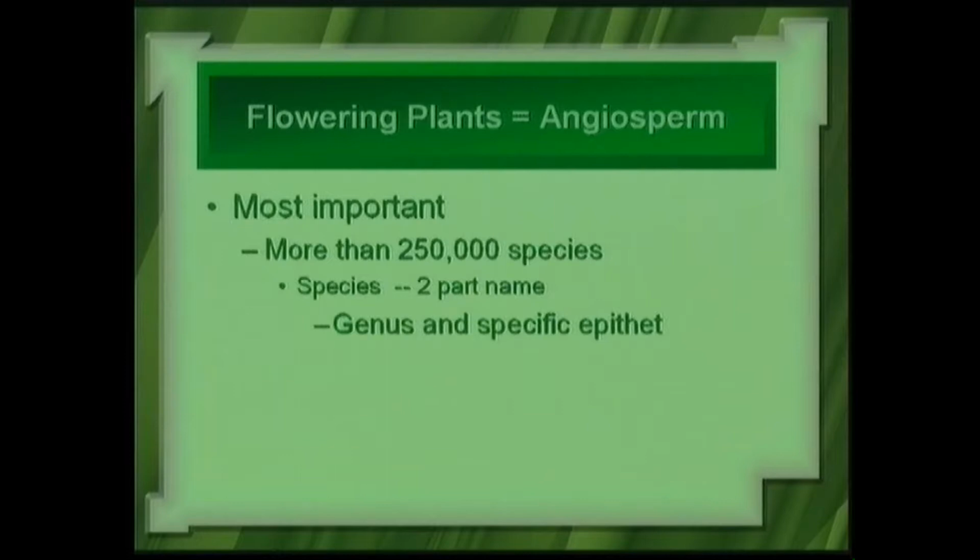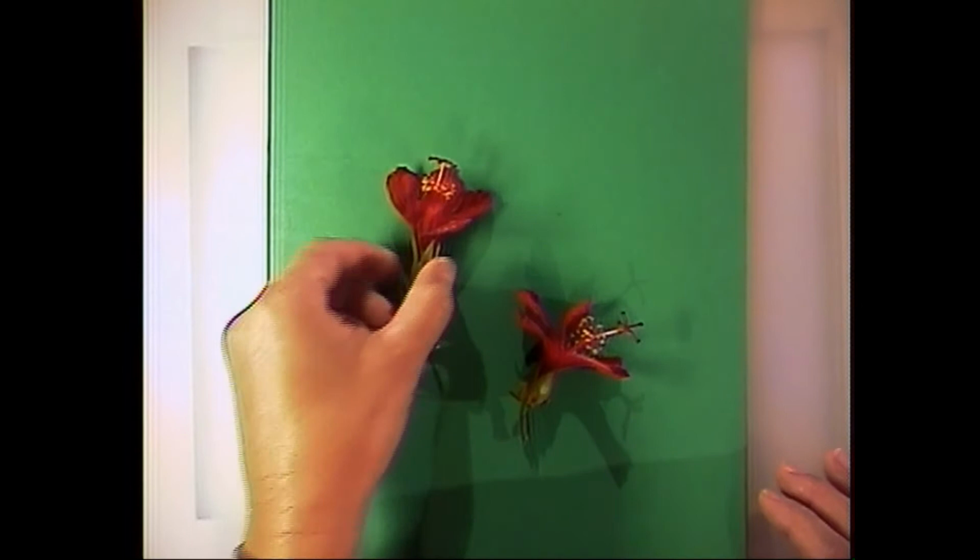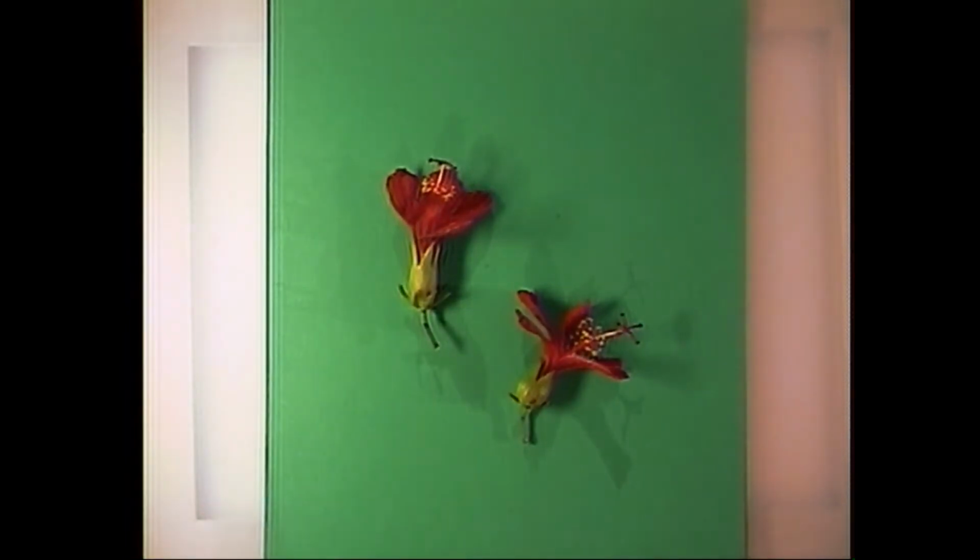Take the genus name, such as for these flowers here. These flowers are called Hibiscus clayi. They are a native Hawaiian flower. It's named after Horace Clay, who used to be the botany professor here at LCC many years ago.